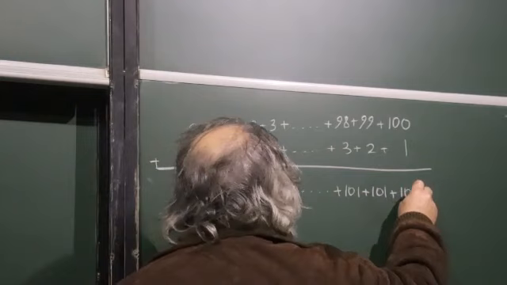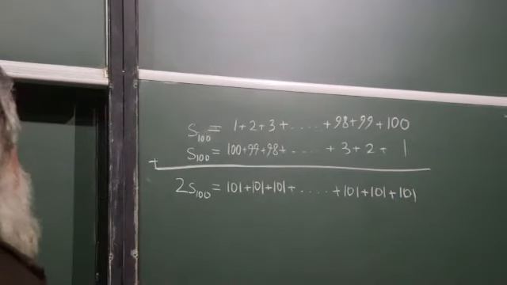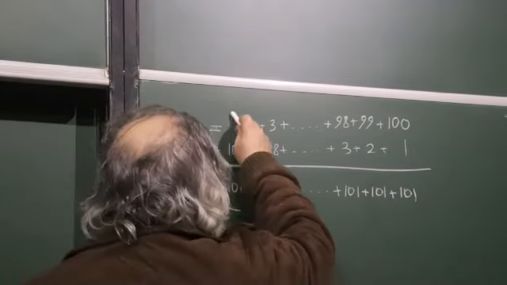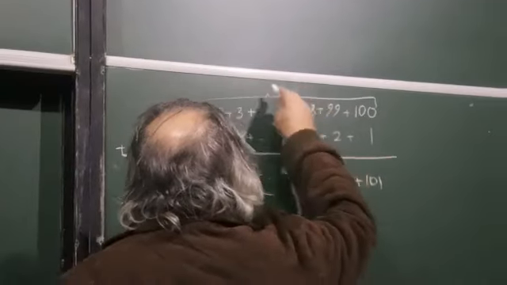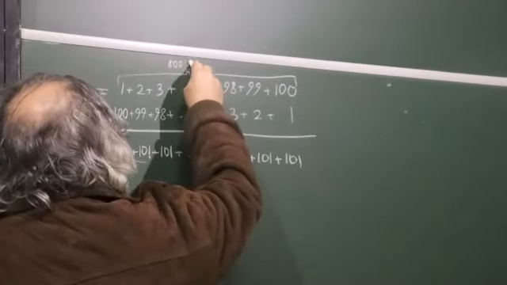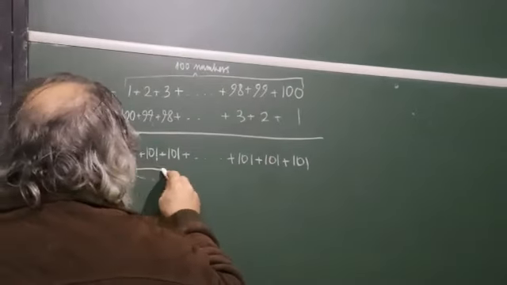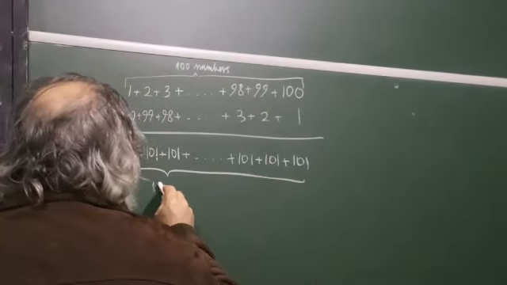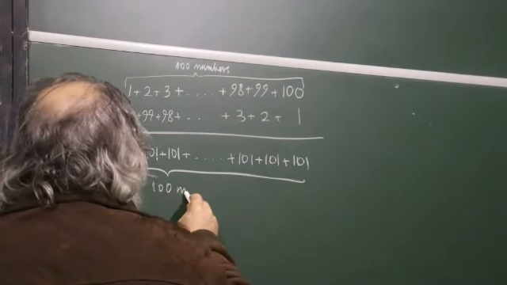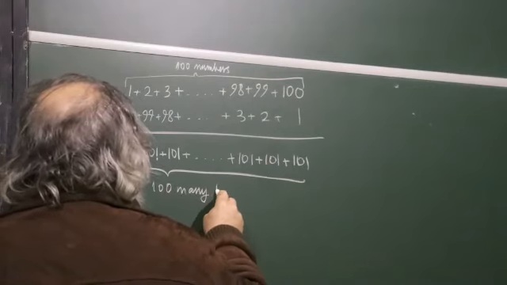You're adding 101s. How many times? Well, how many numbers do you have here? Here we have 100 numbers. So here we have 100 many 101s.